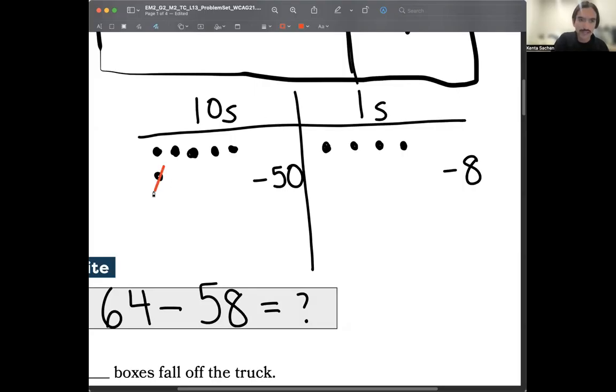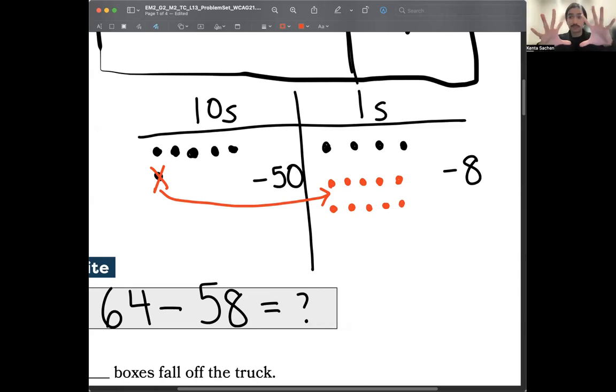So take a 10. We're going to cross it out, just one of the 10s. Draw an arrow. And then now we need to draw 10 ones. Right? We take our 10 and split it up into 10 ones. We regroup.